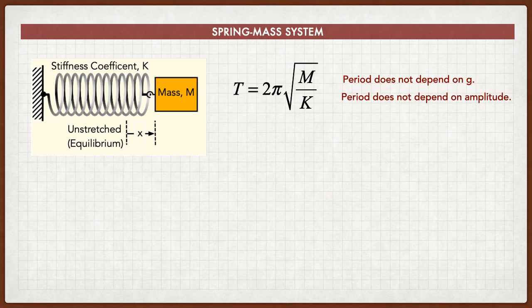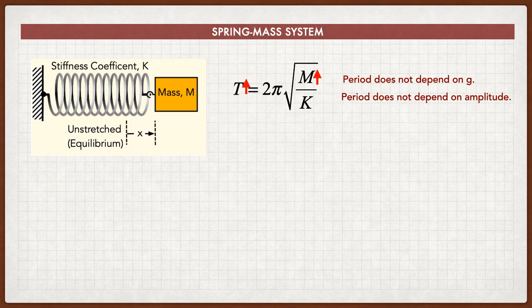Does the formula make sense? If you increase its mass, that's inertia. Wouldn't it be harder to change the motion of the block? Wouldn't that slow everything down? That's what the formula tells us.